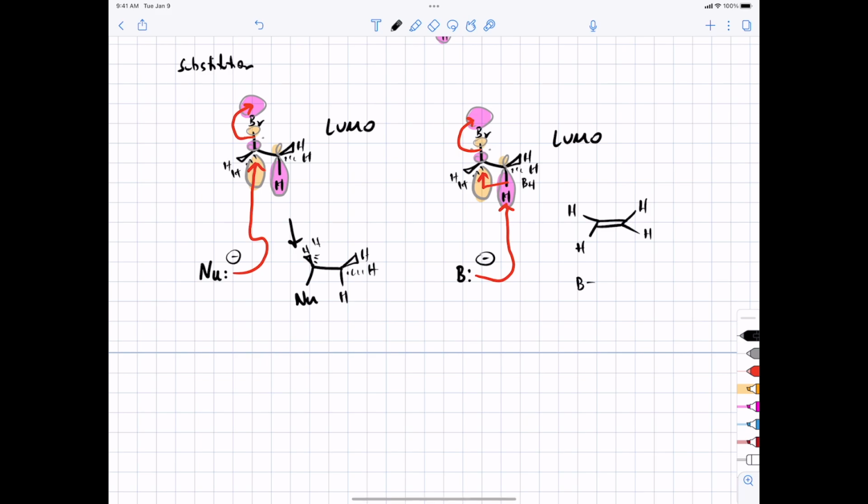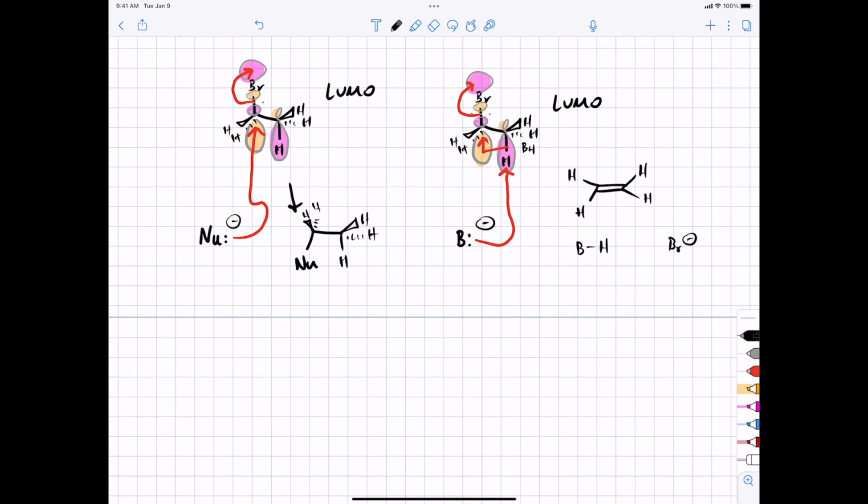Our base will have picked up a proton and the leaving group left, yeah. And we're going to call this an elimination reaction versus a substitution reaction. We're calling it an elimination reaction because we eliminate the proton and the leaving group from the molecule.